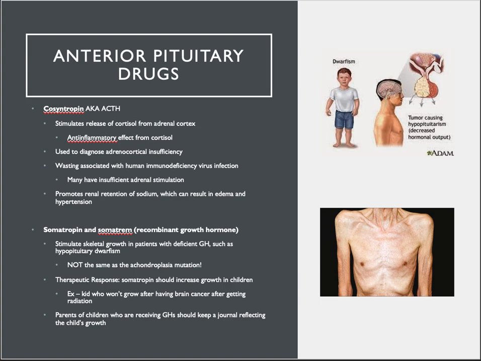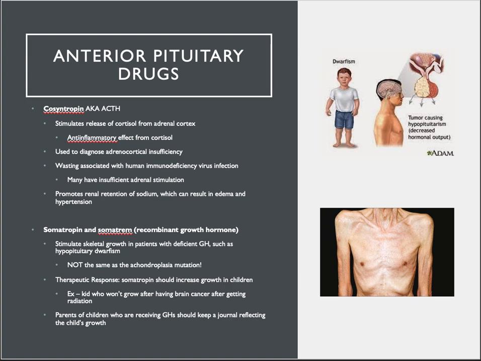Now, the other thing that we use cosyntropin for is to actually treat wasting that is associated with HIV infection. And that is because some of the wasting is due to insufficient adrenal gland function.